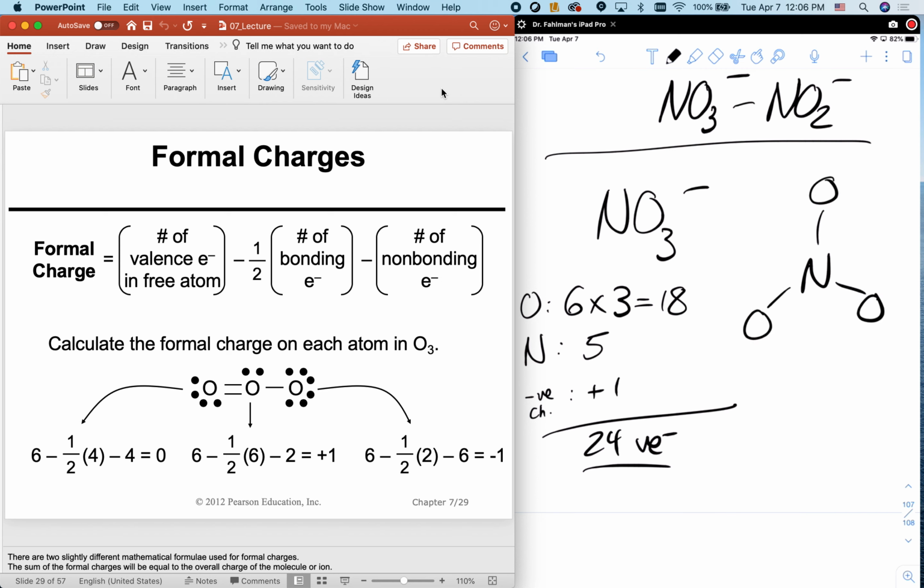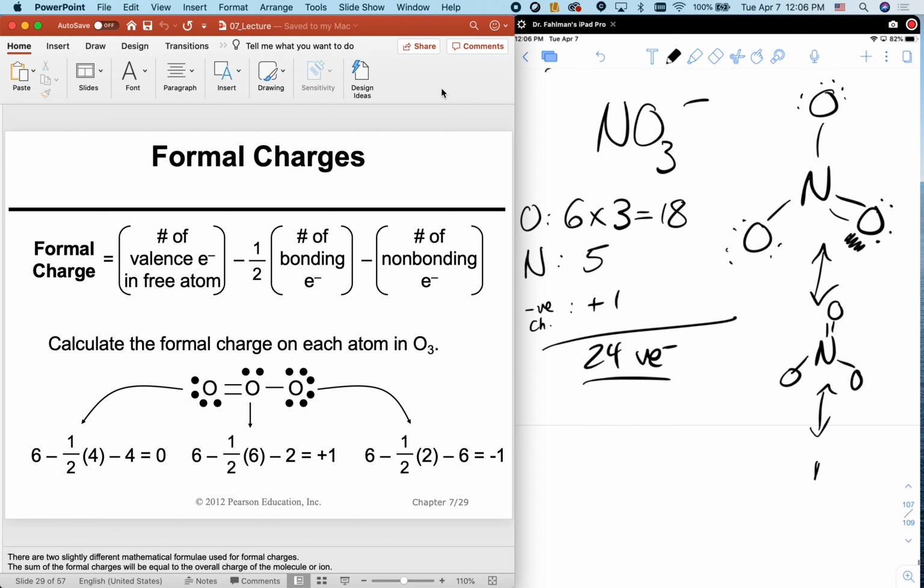So we place 6, 7, 8, 9, 10, 11, 12, 13, 14, 15, 16, 17, 18, 19, 20, 21, 22, 23, 24. Okay, and then you look, and the nitrogen doesn't have an octet, but it needs one, so that's when you do this. But you could have done it up here, or what's the other one?